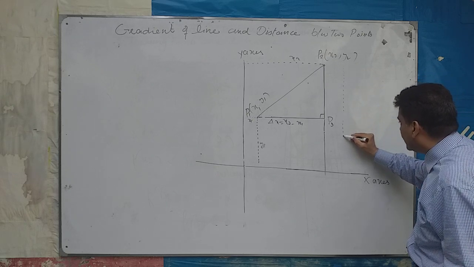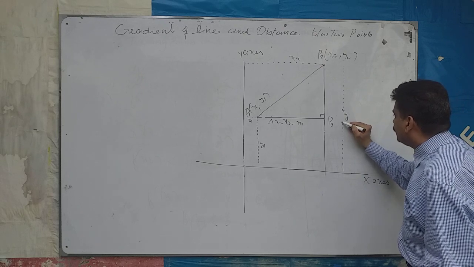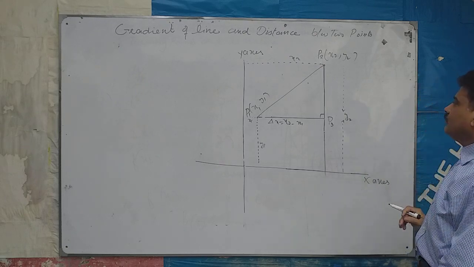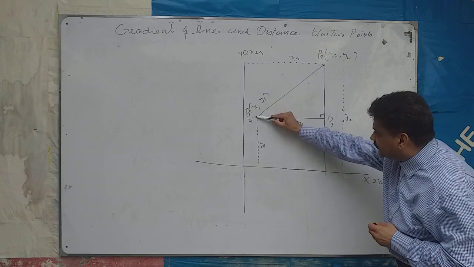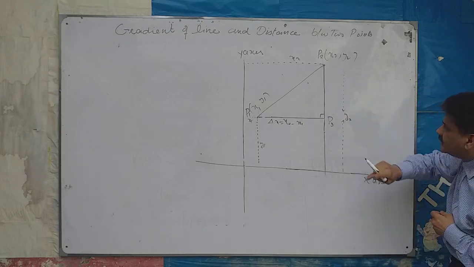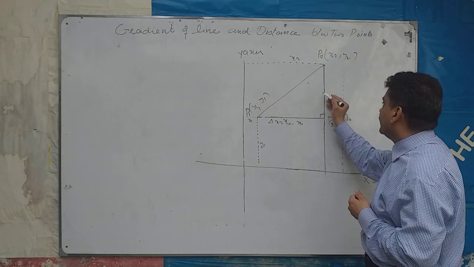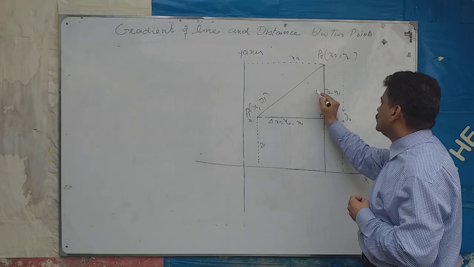We want to find the change in y, which is y2 minus y1, which is equal to del y.